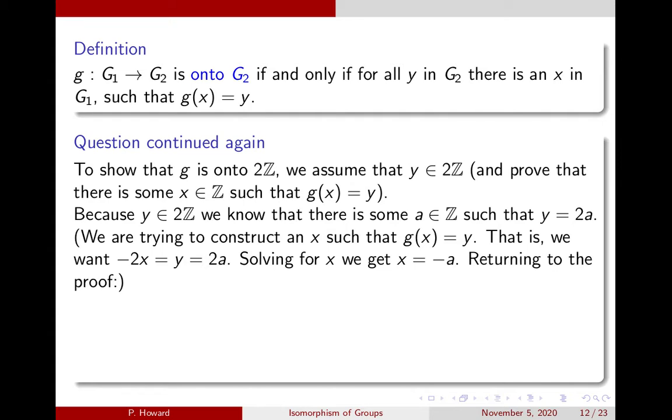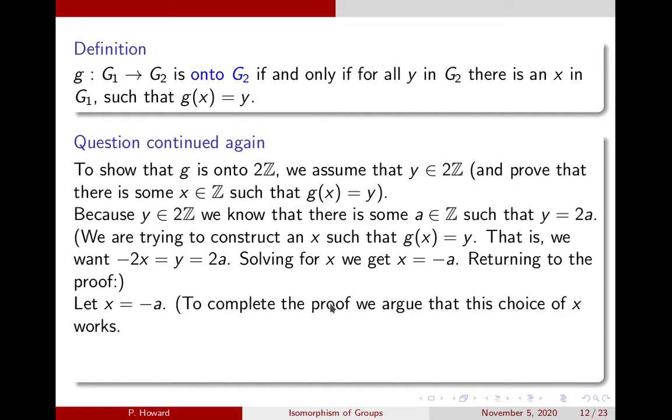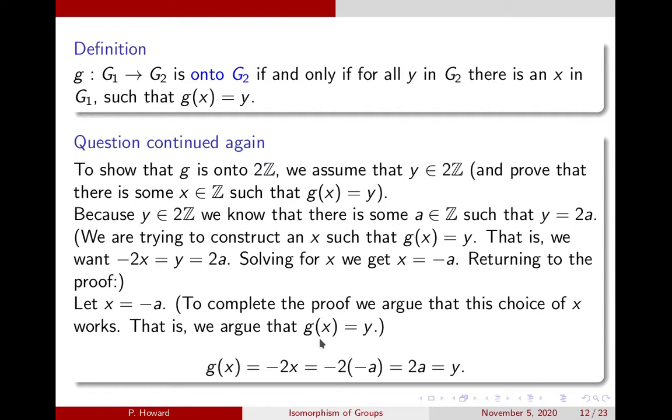So, ending the scratch work and returning to the proof, we are going to let x equal minus a. And now we have to argue that this choice of x works. In other words, that g of x is y. So we simply start with the left-hand side of this equation, g of x.